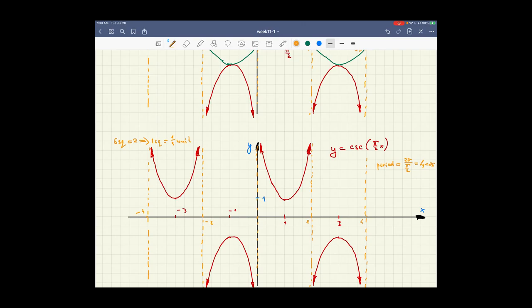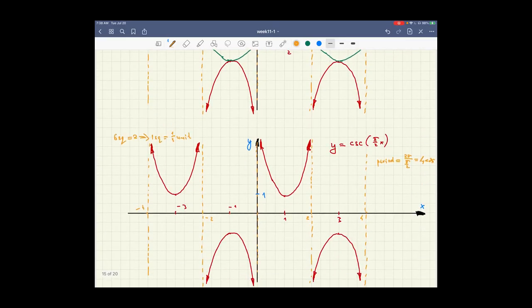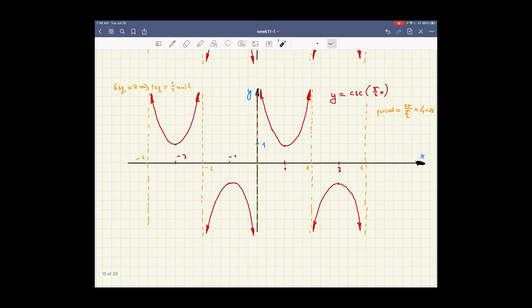And you can easily see that I did not change the scale, I simply changed the labels. Now, in this picture, 6 squares corresponds to 2 rather than pi. So 1 square corresponds to 1/3 of a unit.